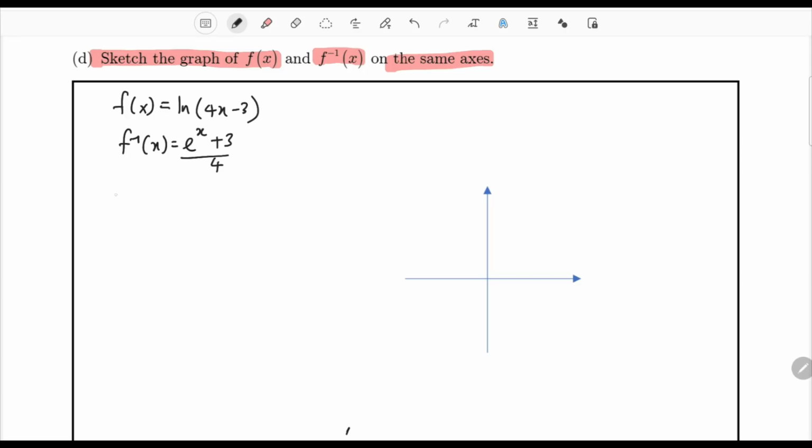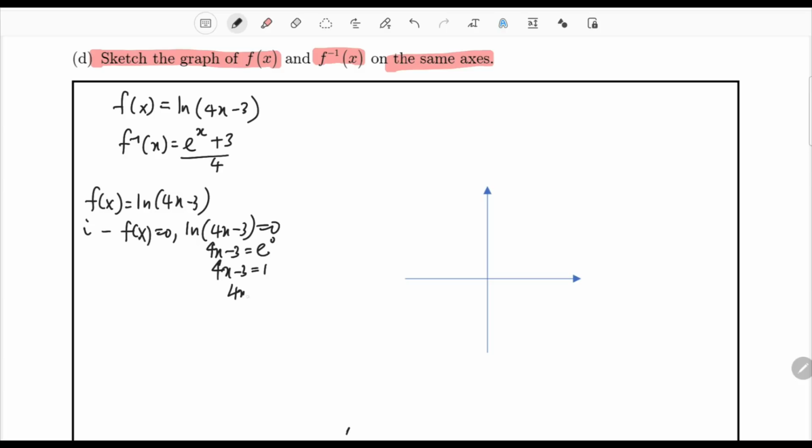So let's use the IQA method. So for f x equal to ln of 4x minus 3. So I for the intercept. So when f x equal to 0, so meaning ln of 4x minus 3 equal to 0, change to index form e to the 0, so that will be 4x minus 3 equal to 1. So 4x equal to 4, x equal to 1.